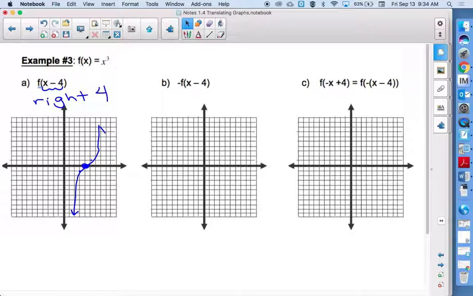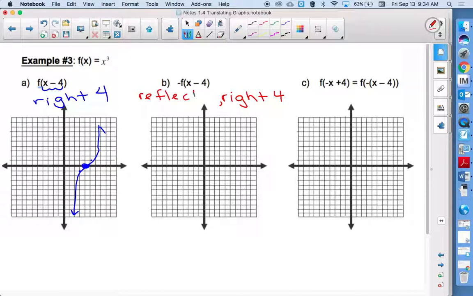The next one says negative f and then of x minus 4. So Dylan, what are the two things that would happen with this graph? Would it move right forward? And it would reflect. And how is it reflecting? It would like swap sides.